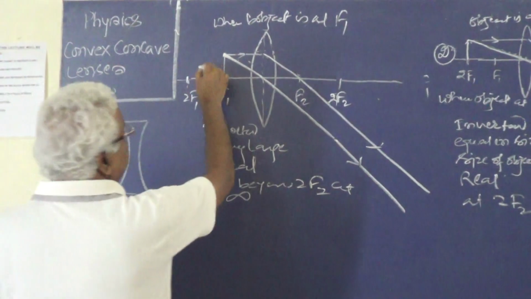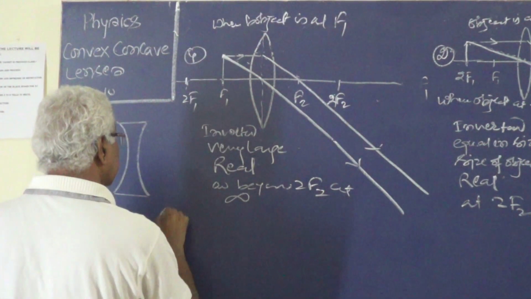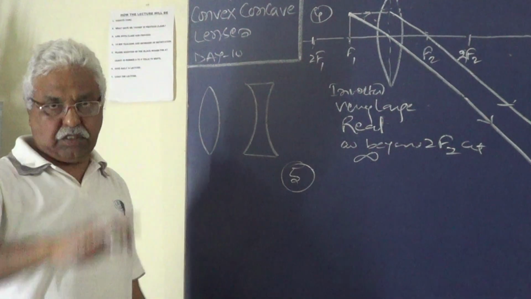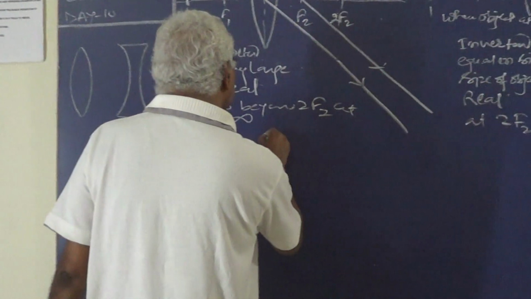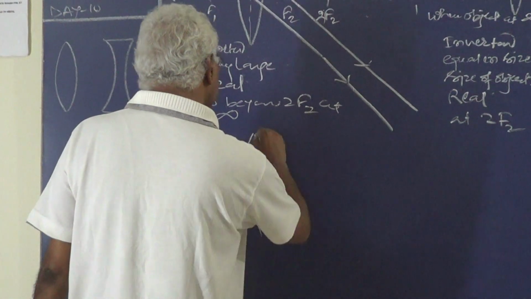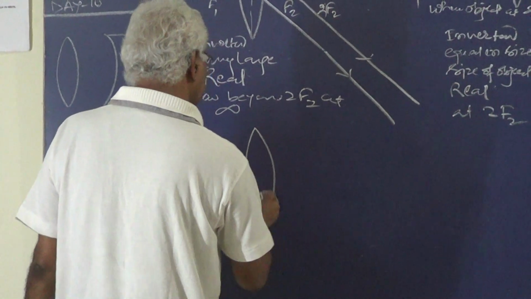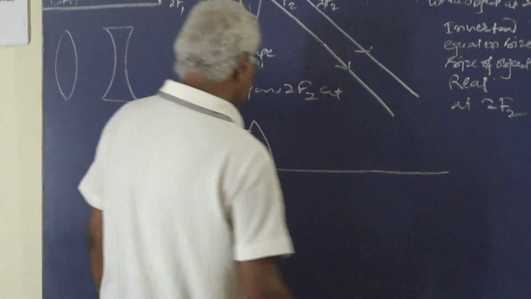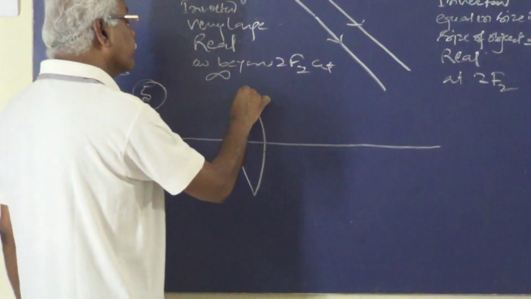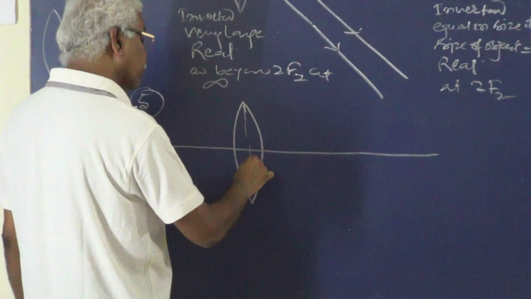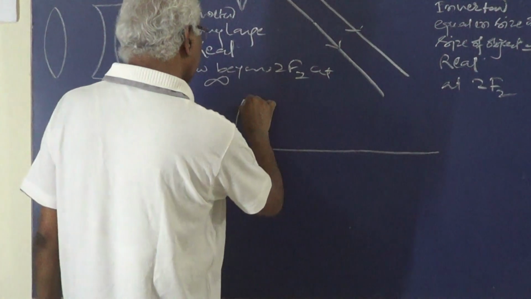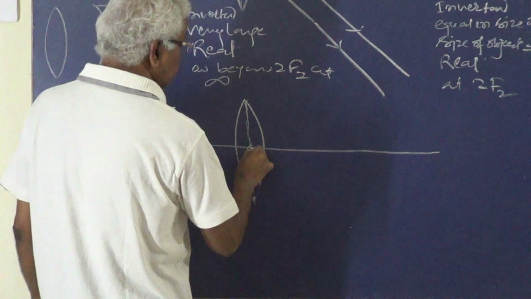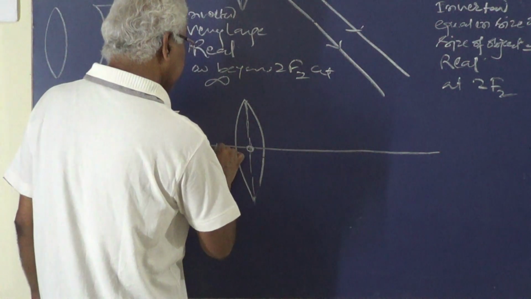Now take the example. This was the fourth case, and now the fifth case. Our object is between the optical center and the focus. It is your principal axis. This is your optical center.